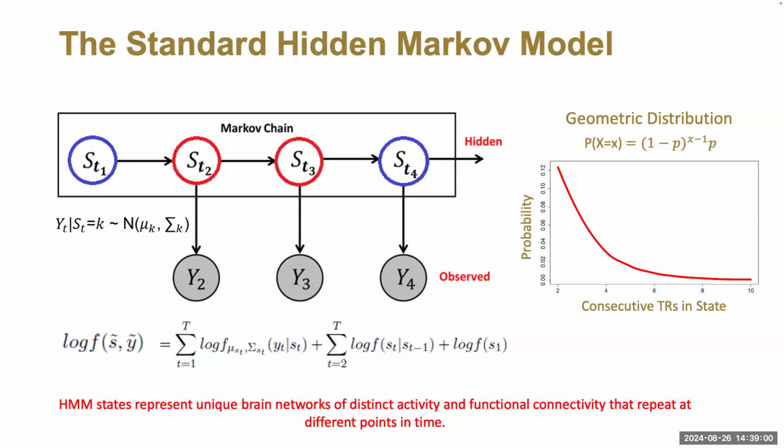In this approach, the Y's here are observed BOLD signals at each TR, for the length of time that someone's in the scanner. We observe these. What we don't see is the actual underlying state that someone is in that gives rise to those BOLD signals. And these states represent unique brain networks of distinct activity and functional connectivity that repeat at different points in time.